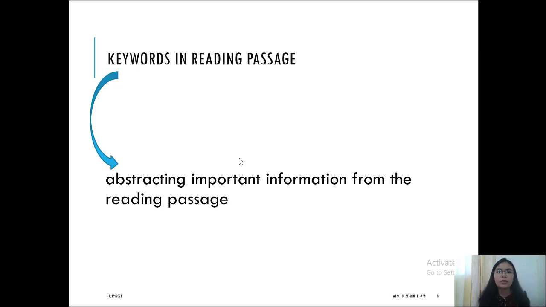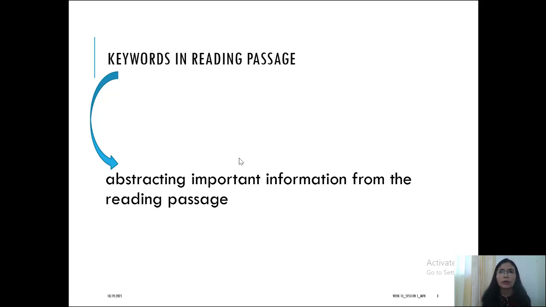Alright, so what we are going to do now is discuss how to abstract important information from a reading passage. In order to find the important information, of course, we need to identify the keywords in the reading passage. So what are actually the keywords?